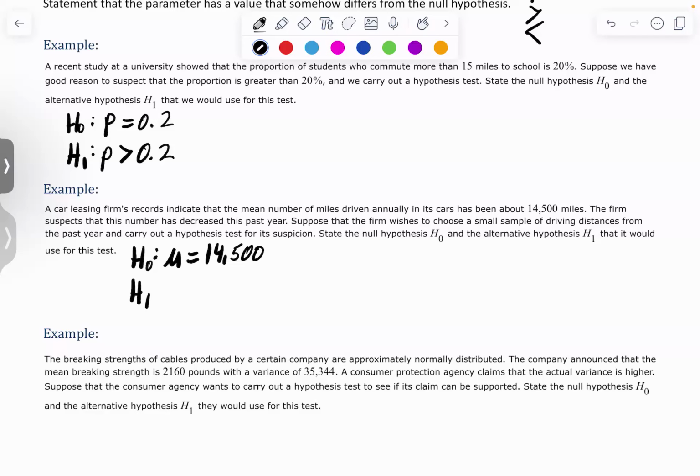The alternative hypothesis is that it has gone down, so mu is now less than 14,500. That's all we're doing right now, just trying to identify what it is that we're actually testing. Typically, the claim is going to be the alternative hypothesis, and typically, that's what we're testing.